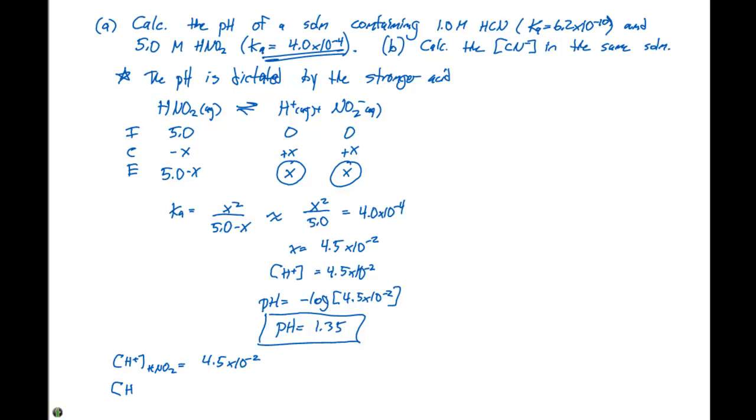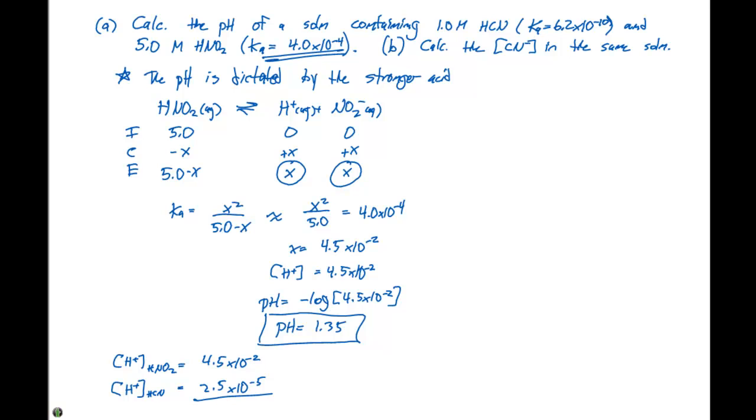Well, if we did the same ice table expression for HCN, and we use 1 molar there, it would be X squared divided by 1 equals 6.2 times 10 to the minus 10. If we carried out the same exact calculation, we would end up with 2.5 times 10 to the minus 5 for our H plus concentration.